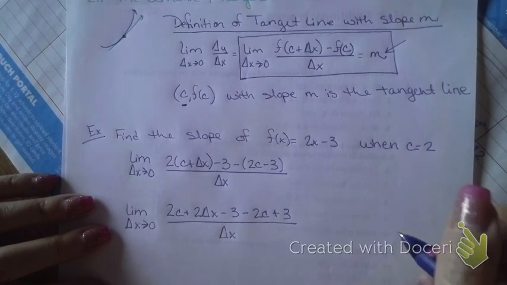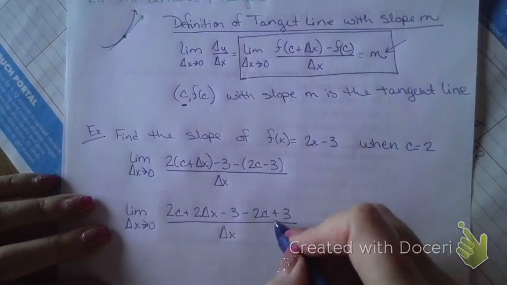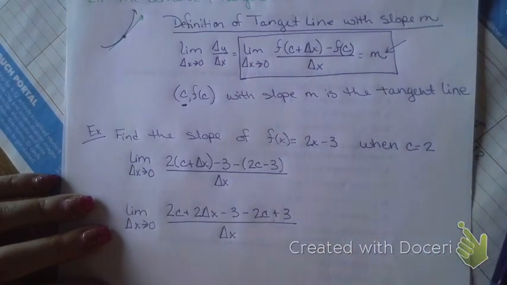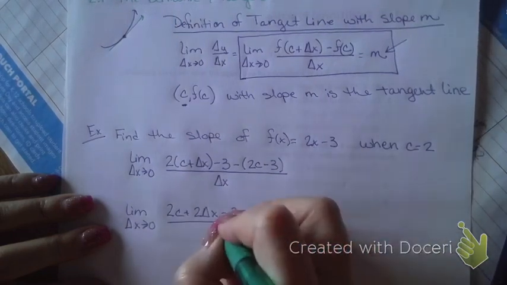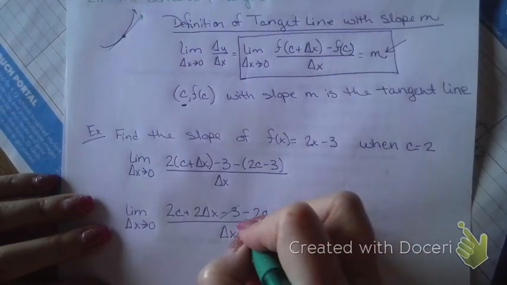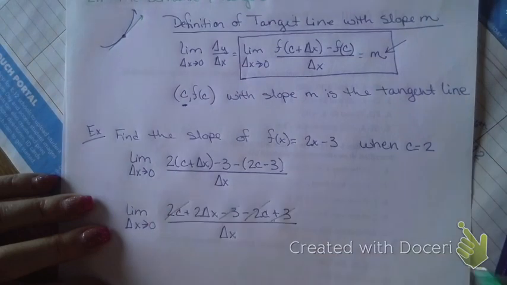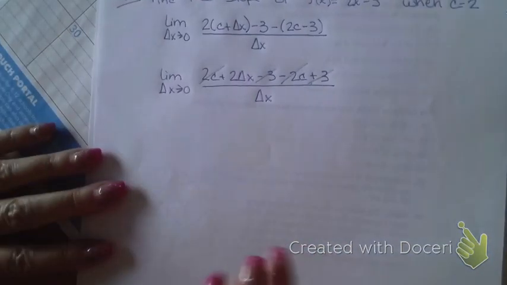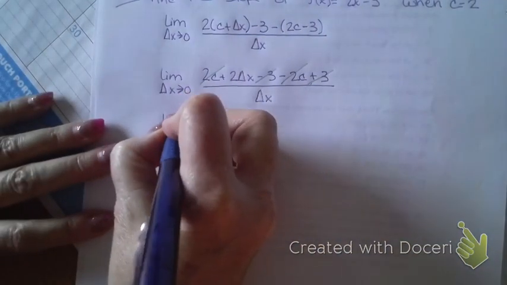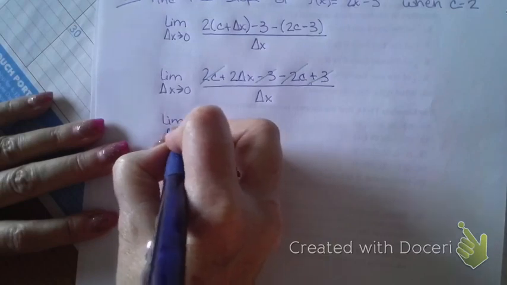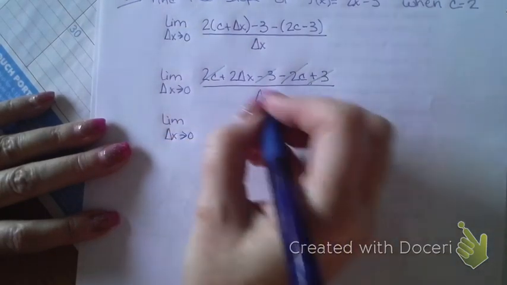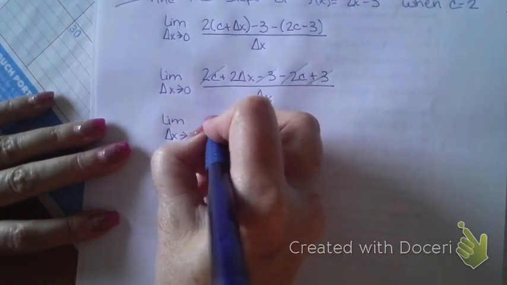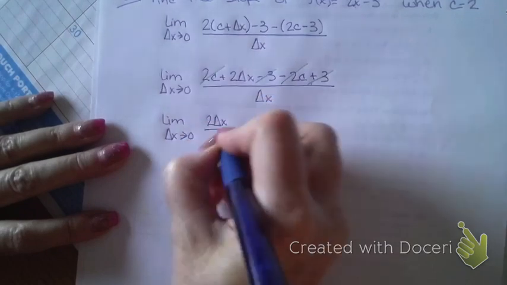Okay. So now that I've done that, I can zero out my 3's. Correct? I can zero out my c's. And I'm going to move my paper up because I feel like I'm moving clear down. So I now have the limit as the change of x approaches 0 of 2 change of x over change of x.